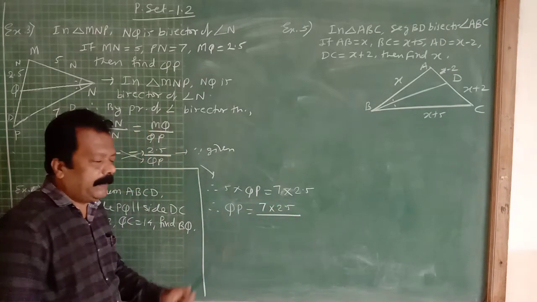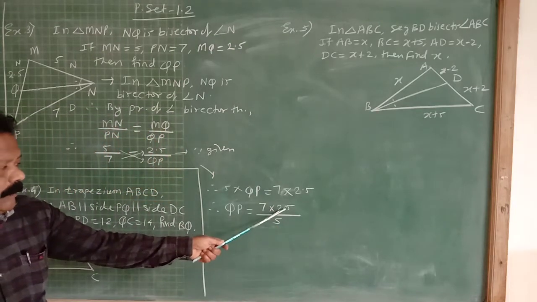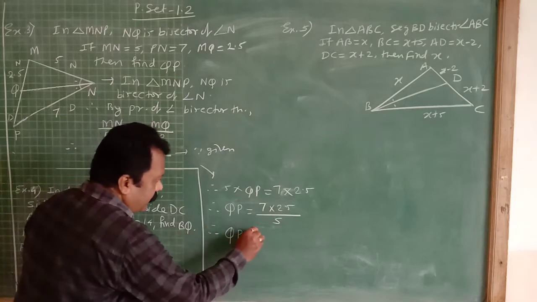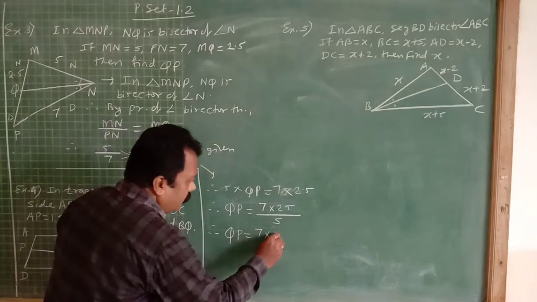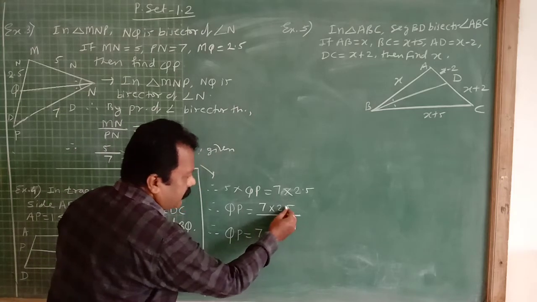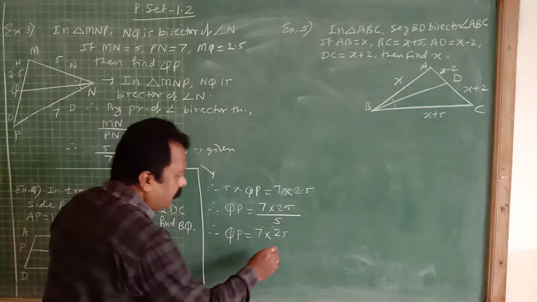And this 5 operating, after going to the right side, is division. Now this is the decimal point. First remove that decimal point. Therefore, QP is equal to 7 into, if you go one digit from left to right, then you will get 25. See, this is the decimal point. After going one digit to the right side, the decimal point will be removed.